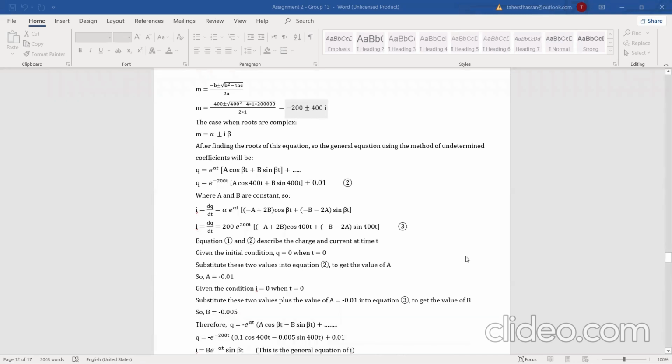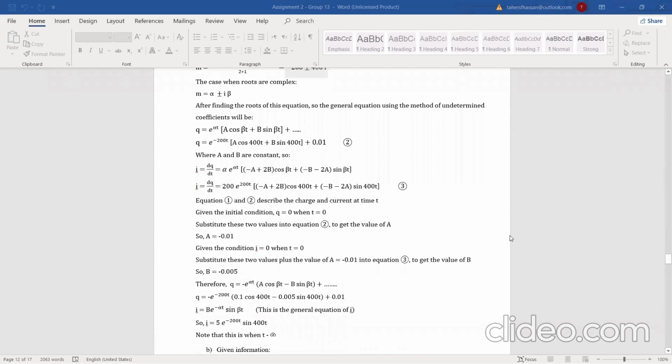So I equals dQ/dt equals 200e to the power negative 200t times the bracket (negative A plus 2B) cosine 400t plus (negative B minus 2A) sine 400t.